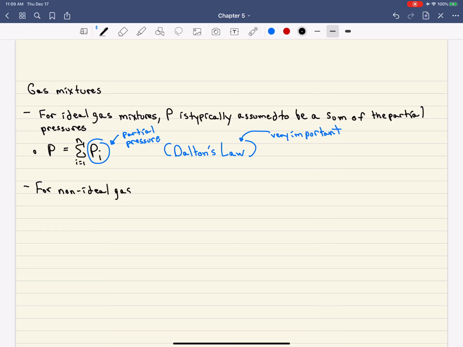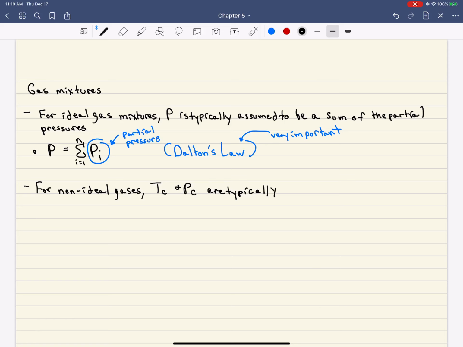As we saw in the previous video, when dealing with compressibility factors, in order to calculate them, we need to not only calculate the reduced temperatures, but we also need to figure out what the critical temperature and pressures are of our system. But when we're dealing with gas mixtures, we're going to assume that we could calculate the critical temperature and pressure of our system as weighted averages of each of the individual components.